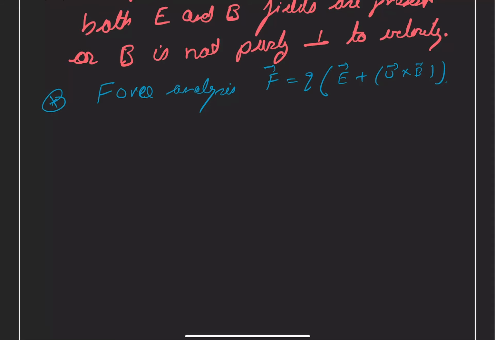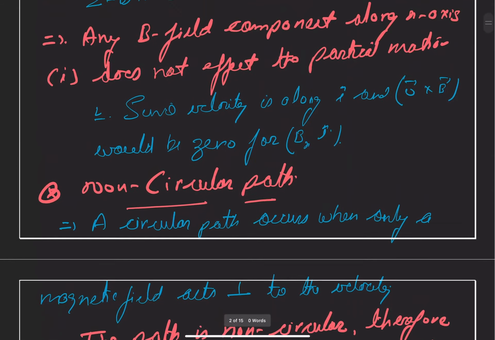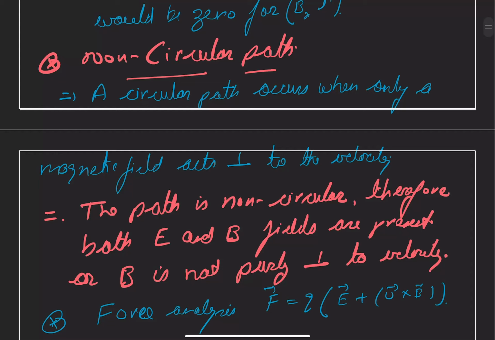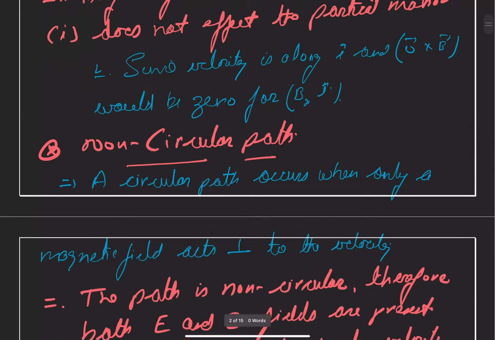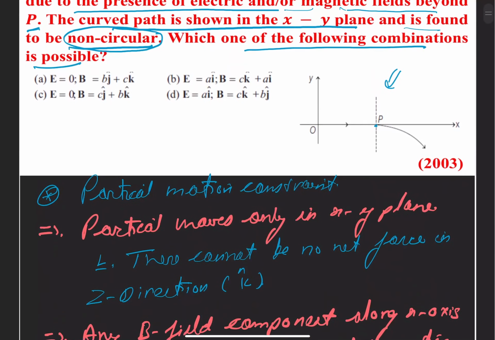And like I said, for the circular path, only magnetic field should be existing. So based on this we can clearly understand that the electric field cannot be equal to 0. So option A and option C cannot be the correct one.